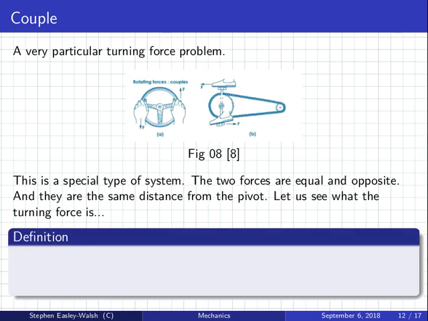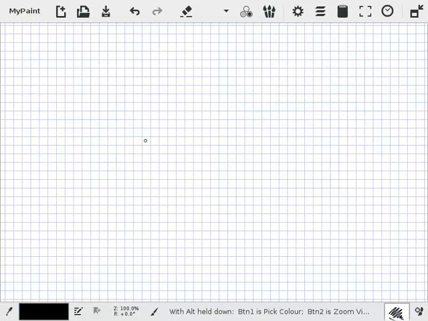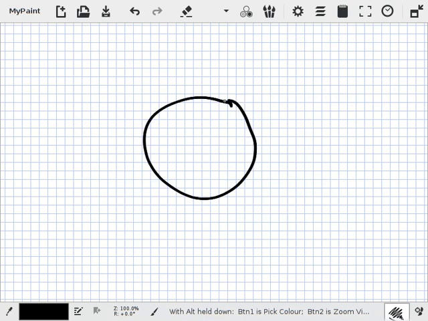Let's see what the turning force is. So let's picture the lid here. You want to turn it to open it. So in fact, what you're doing is this. You have a force this way and a force this way.